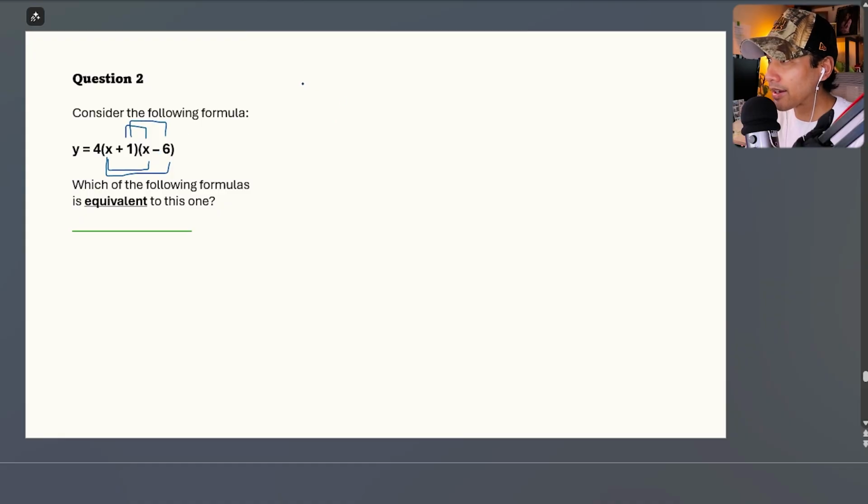X times x equals x squared. This is exactly how I would do the problem. What is x times negative 6? That is negative 6x. What is 1 times x? That equals positive x. What is 1 times negative 6?